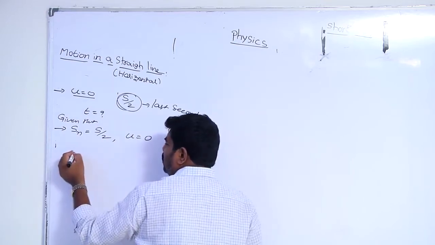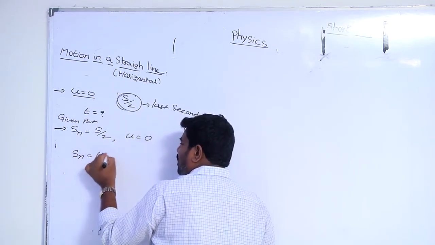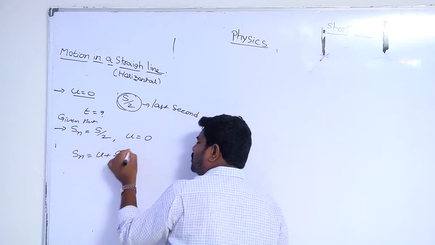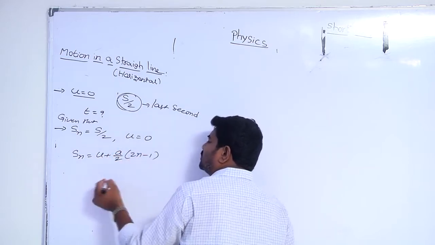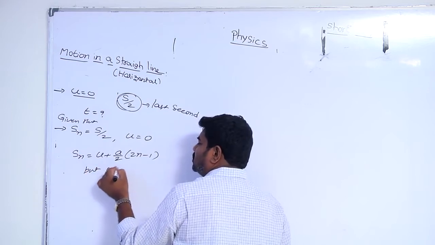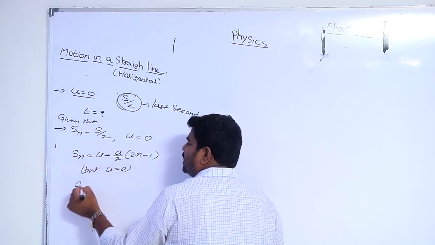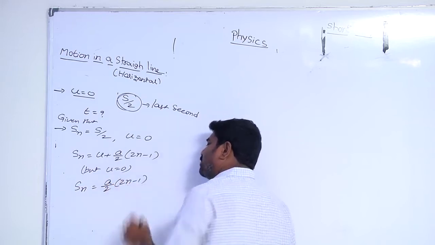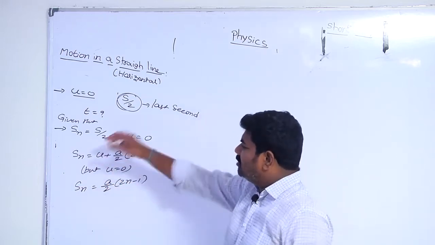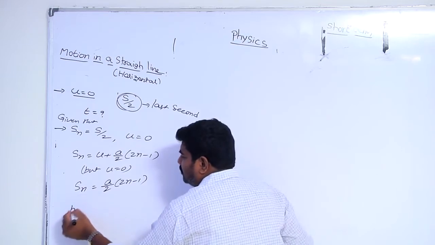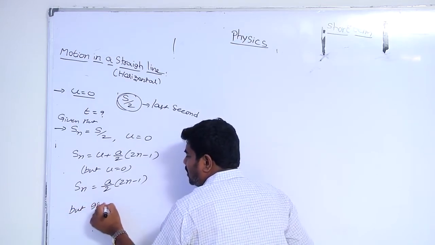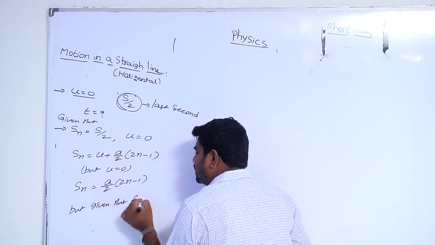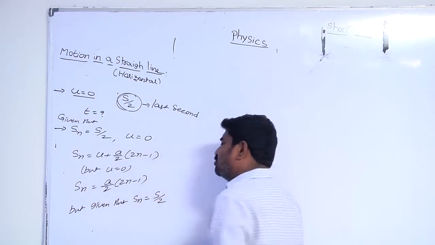Here, we know that Sn is equal to u plus a by 2 into 2n minus 1, but u is equal to 0, so Sn is equal to a by 2 into 2n minus 1. But here, given that Sn is nothing but S by 2.